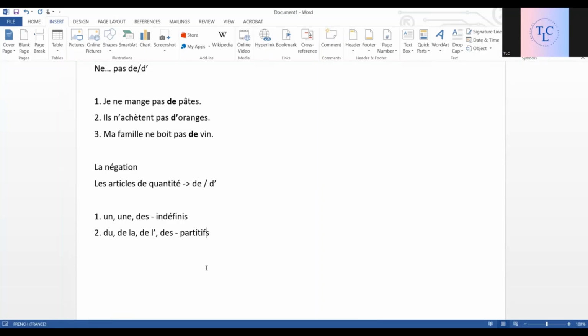Okay, so whenever it's about the quantity, if it changes to a negative sentence, in that case, we put de or d'apostrophe instead of these articles. Okay, so you have learned this concept with les articles indéfinis and here with partitif. Okay, that's it for the quantity.